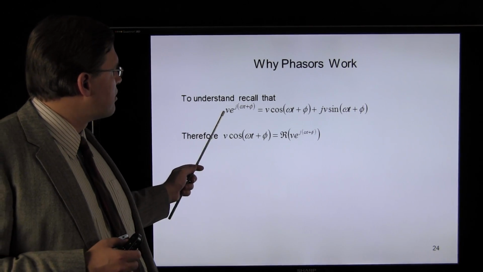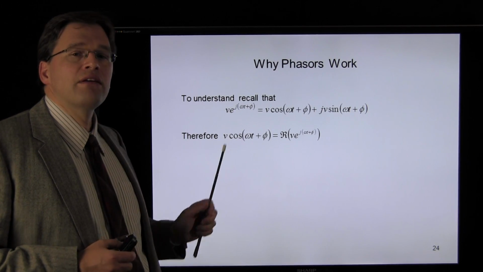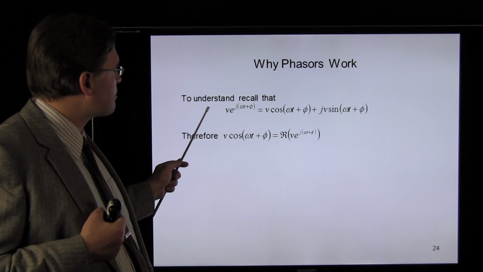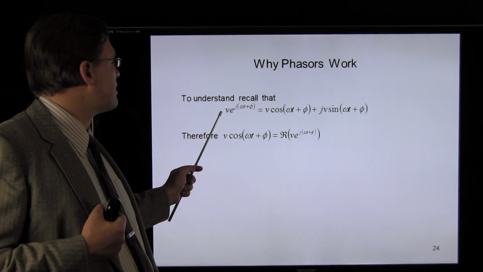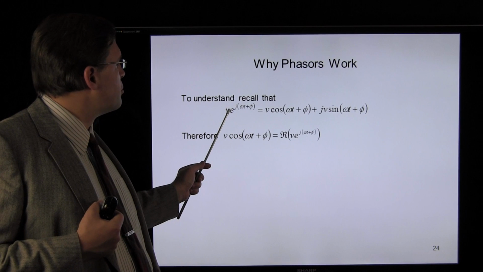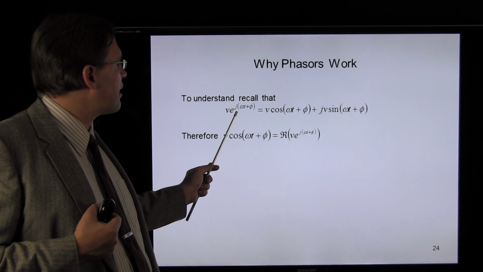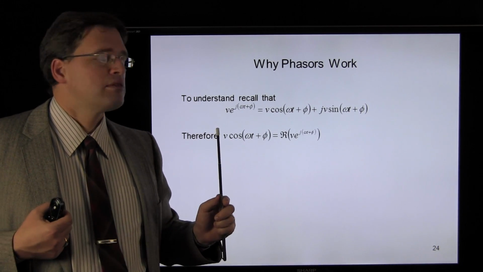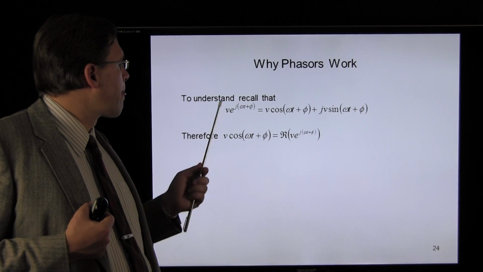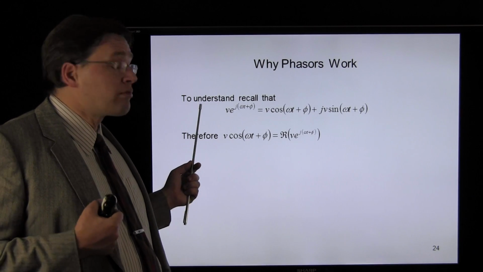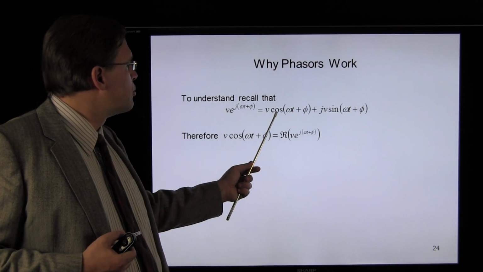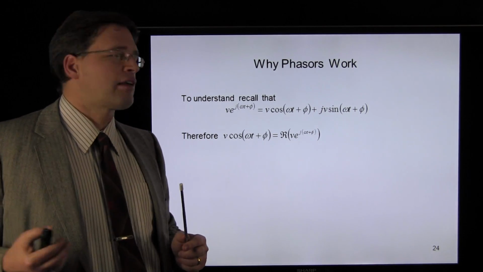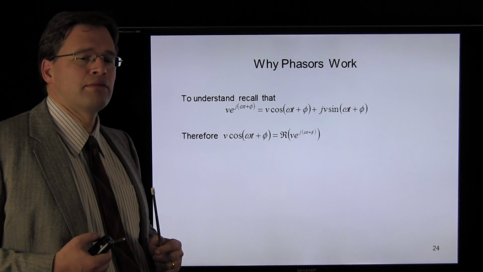Now, rather than having nu e to the j phi, I'm going to add an omega t into the exponent. So now I have nu e to the j times omega t plus phi. What does that represent? Well, Euler's formula gives nu cos of omega t plus phi plus j times nu sine of omega t plus phi.